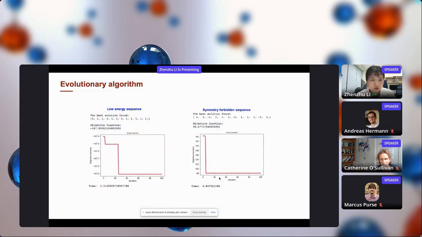Actually, the evolutionary algorithm works quite well. In our system, the evolutionary algorithm can find the lowest energy structure or the highest energy structure in only 2 to 3 seconds.